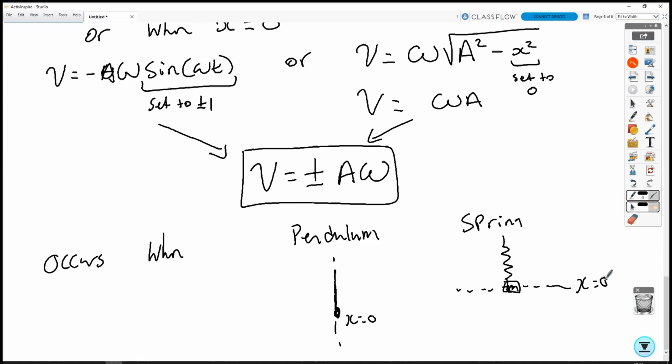Now, since this is the maximum velocity, we're going to label it as v naught, just so we can differentiate it from the changing velocity v, which is a variable.